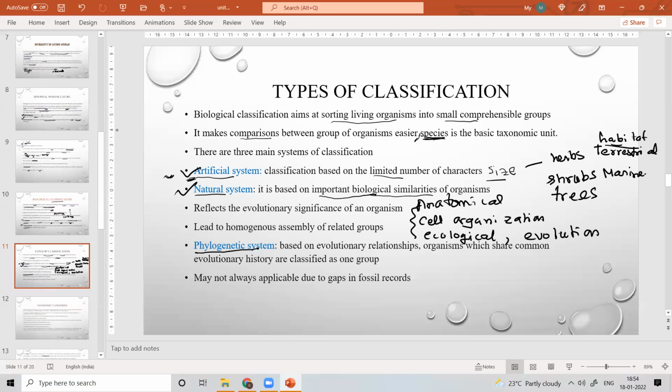If you are able to classify the living organisms using all these characters, that is called the natural system.